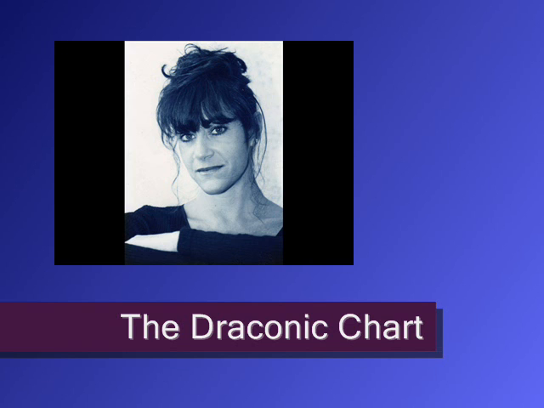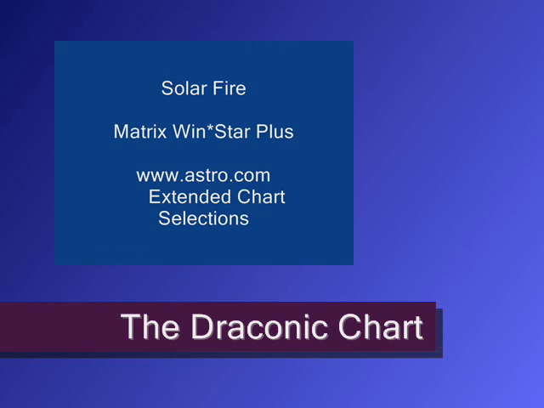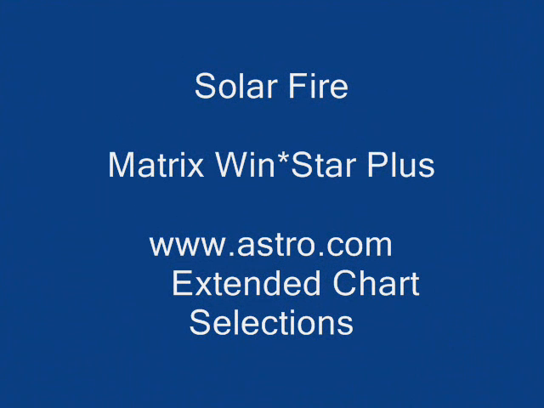We're going to be looking at, in this talk, how the Draconic chart is calculated. For those of you who have software programs such as SolarFire or WinStar Plus, those programs will automatically make the calculation for you. As well, on the internet you could access your Draconic chart through www.astro.com.